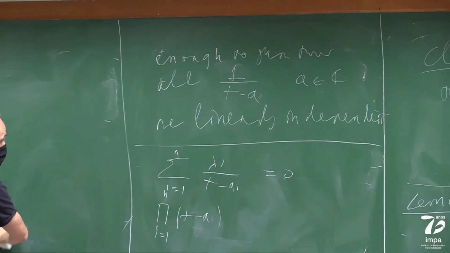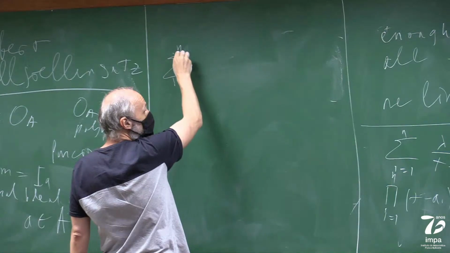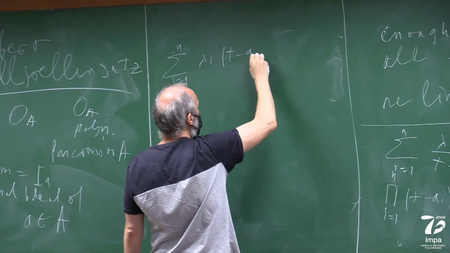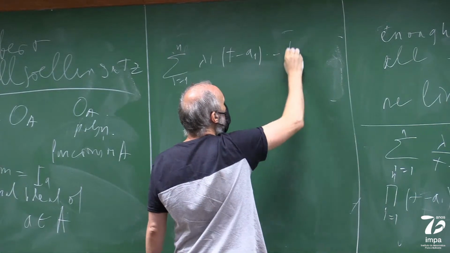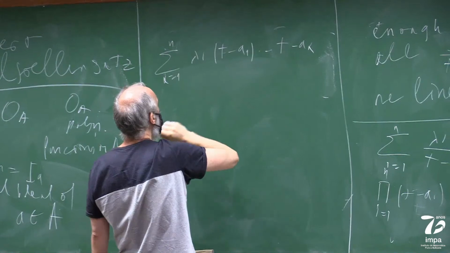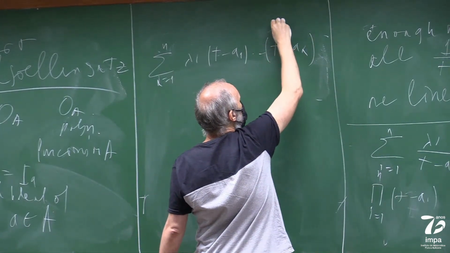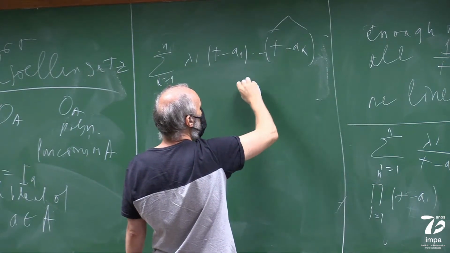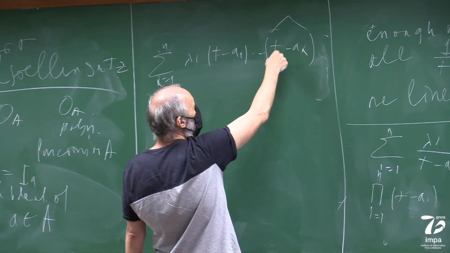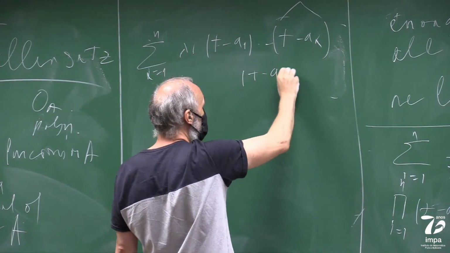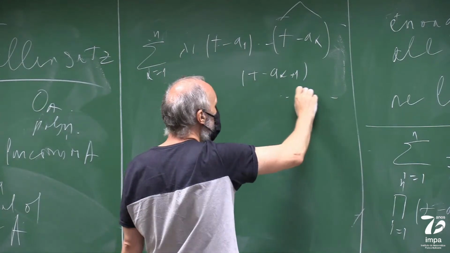So if you multiply them, you obtain the sum from i equal 1 to n of lambda i times (t minus a1) ... (t minus an), where the i-th factor is omitted. You don't have this particular multiplier in this product, just t minus a_{i-1}, t minus a_{i+1}, up to t minus an.